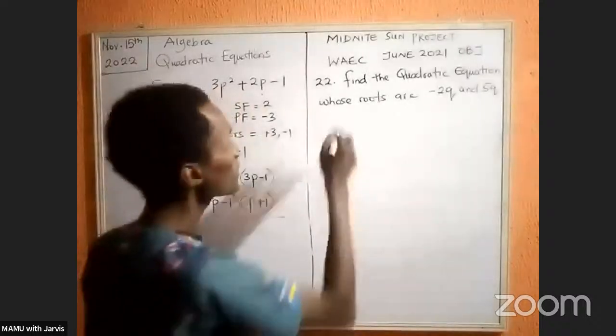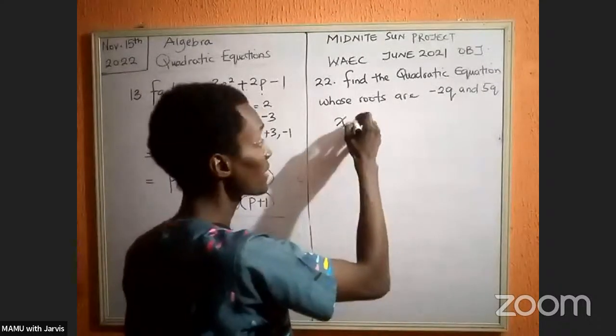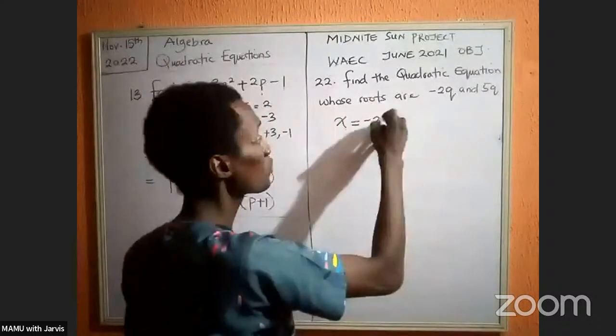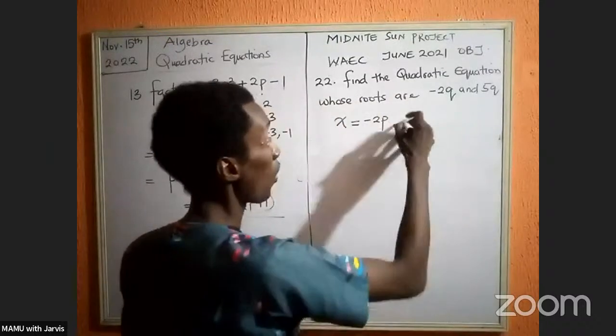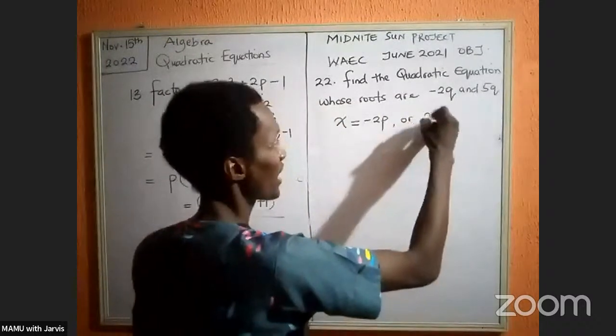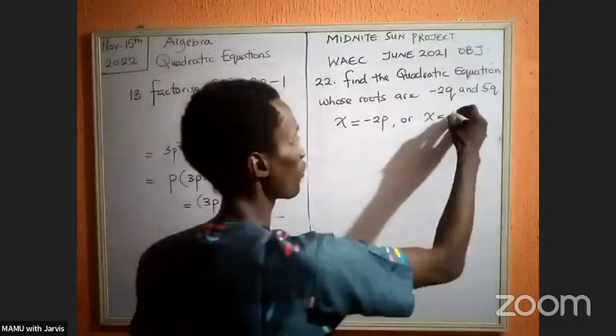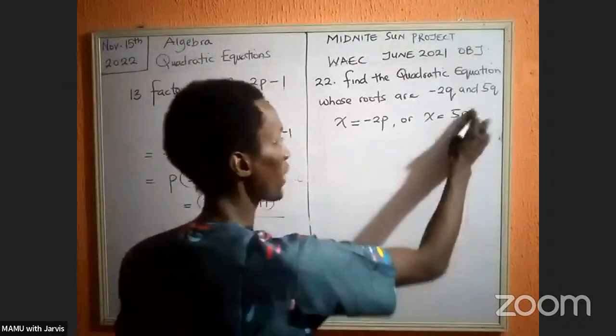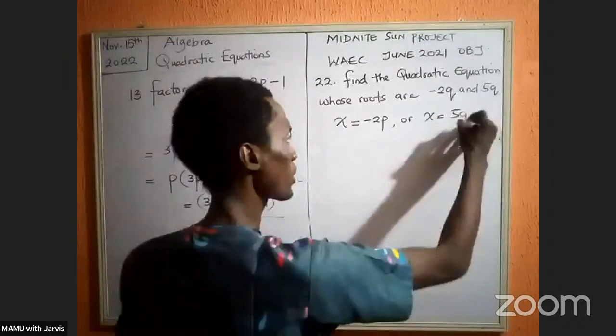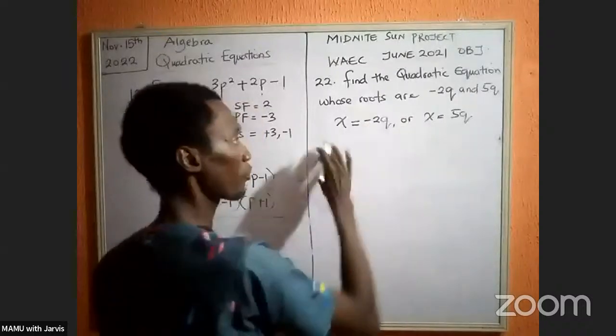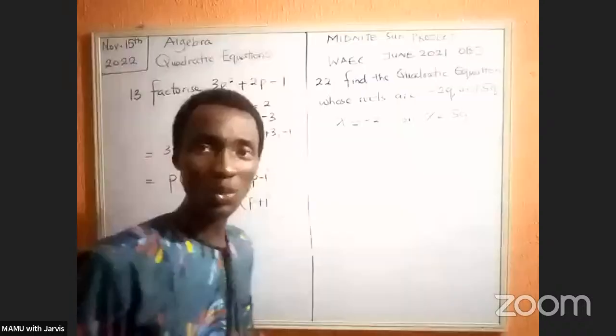So it means that x, root means that x will be equal to negative 2q, or what? X must be equal to what? 5q. So from this, I'm going to get factors equal to 0.